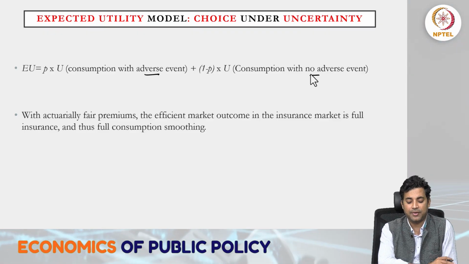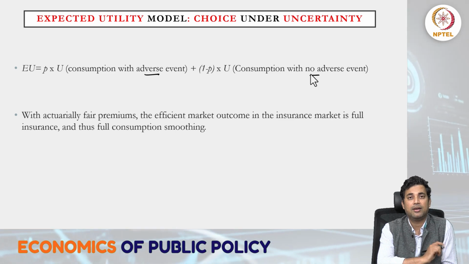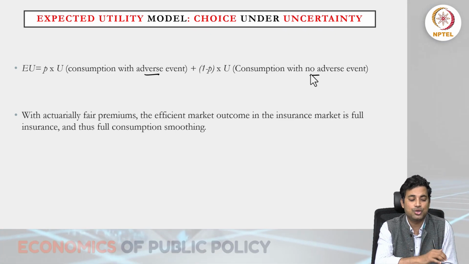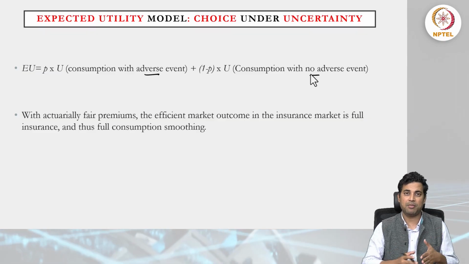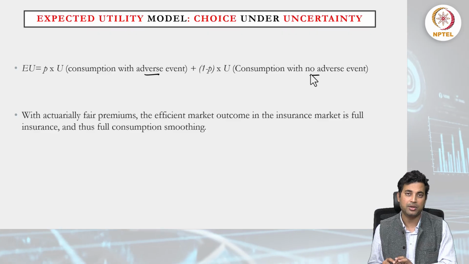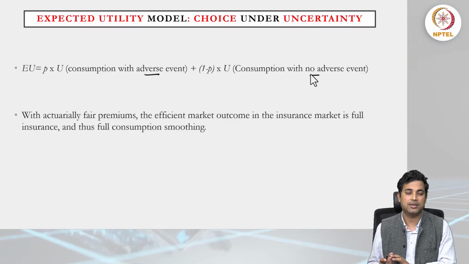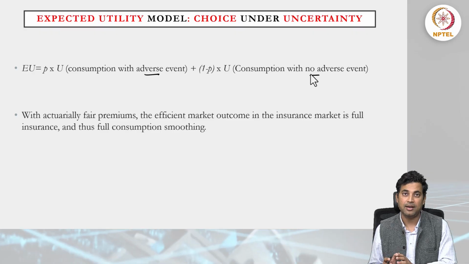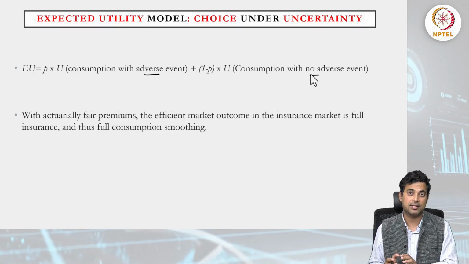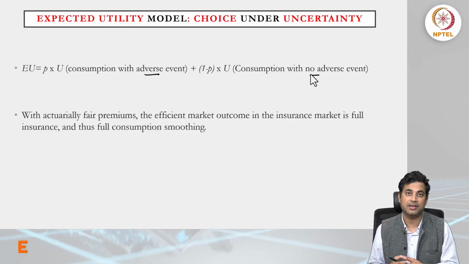What is the fair insurance premium, or what we call the actuarially fair premium? It is whatever the risk amount we had shown: if the premium is exactly equal to that, it is the fair premium. Private insurance companies design their premiums their own way, and public sector units also design premiums.